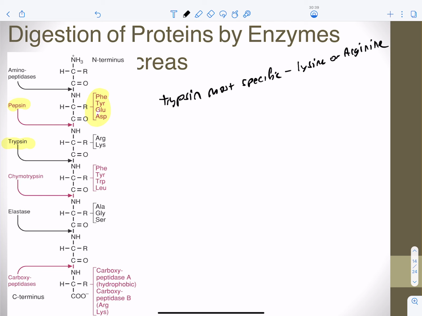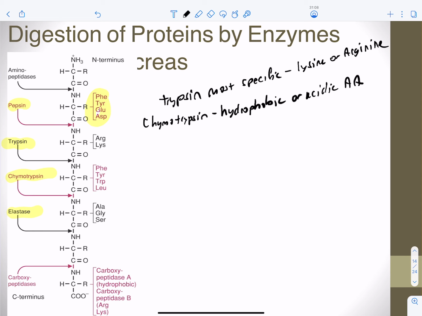Okay, and then we have chymotrypsin. And chymotrypsin is going to like residues containing hydrophobic or acidic amino acids. And then there's elastase.